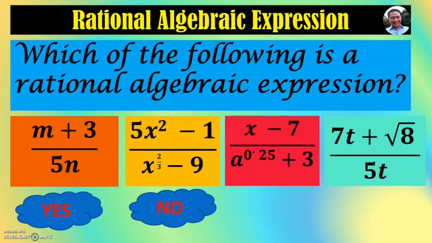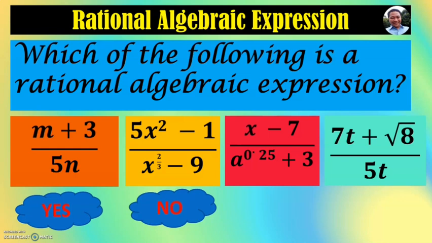That is because a variable is raised to a fractional exponent. Take note, if a variable is raised to an exponent which is a fraction, then it is not considered a rational algebraic expression. Therefore, 5x squared minus 1 over x raised to 2/3 minus 9 is not a rational algebraic expression.